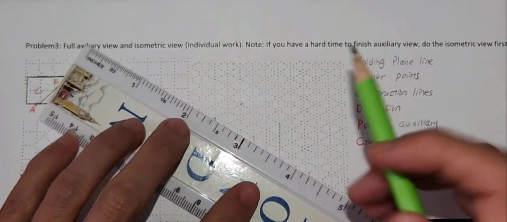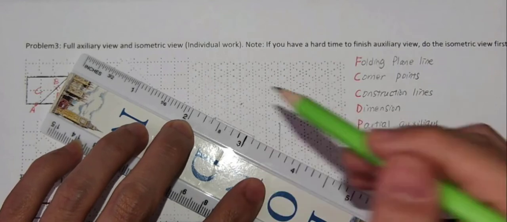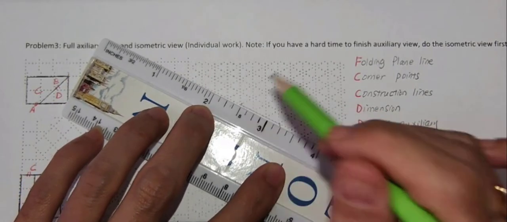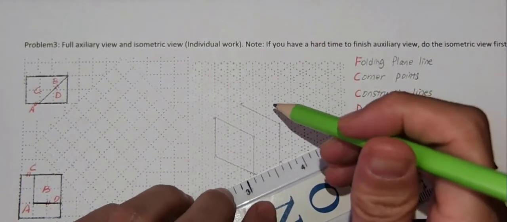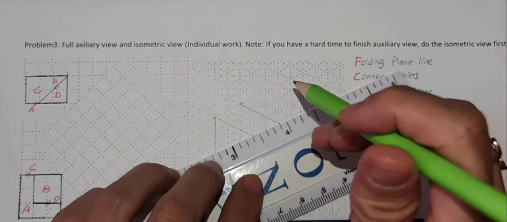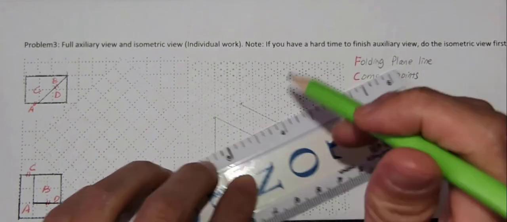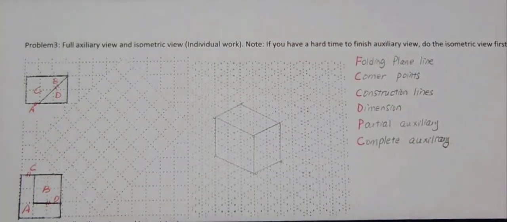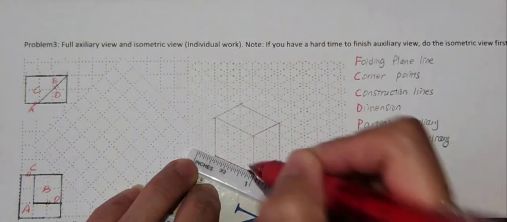After finishing the glass box, we are going to take a look at the normal surfaces. Because surface A is the surface right in front, we can measure the width and the height to start the surface A in the isometric view.